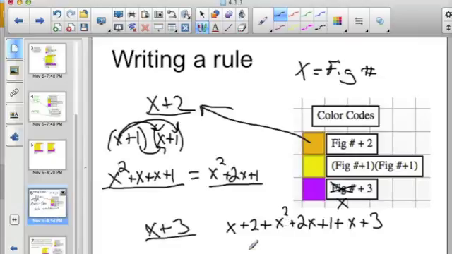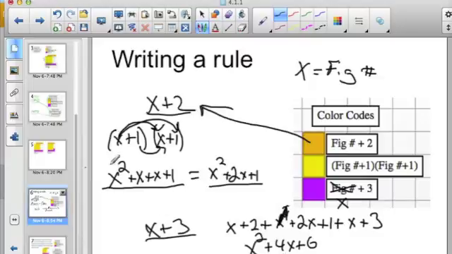I only have 1x squared, so that's how I got x squared. So I'm going to cross that off. How many x's? I've got 1, 2, 3, 4 x's, plus 4x. And how many ones? I got a 2, I got a 1, and I got 3 more, so that's plus 6. Now the big question is, does it work?